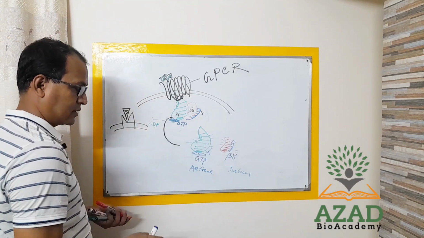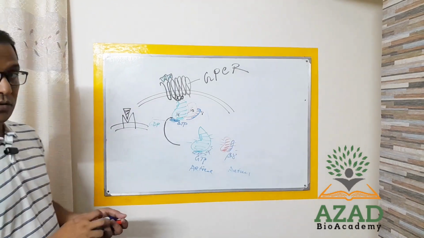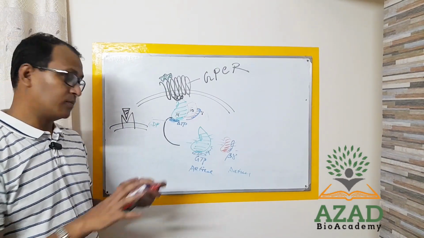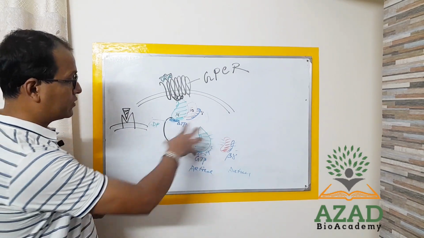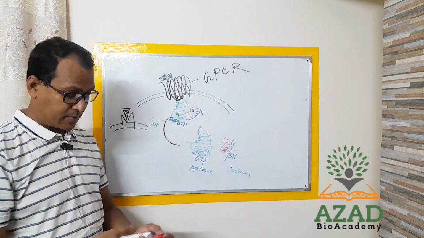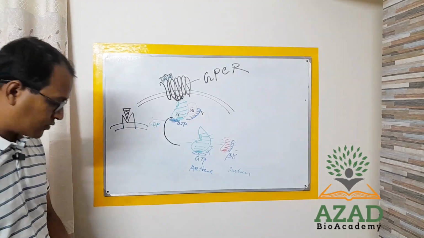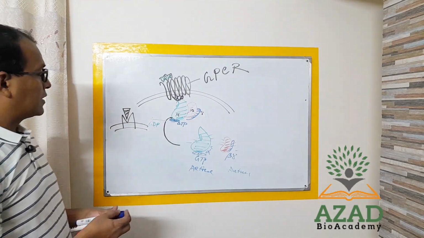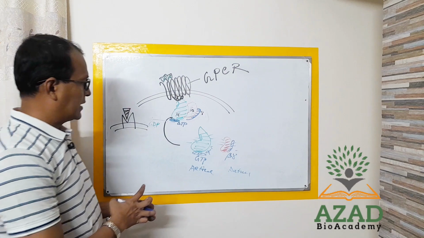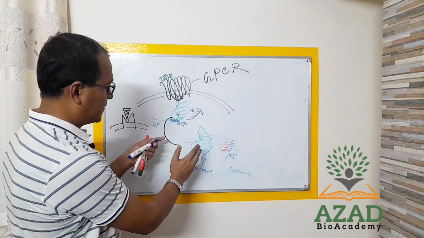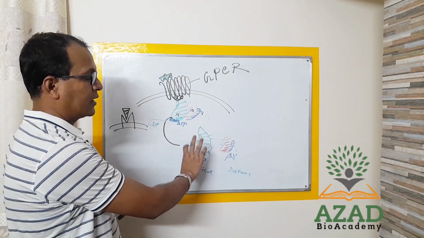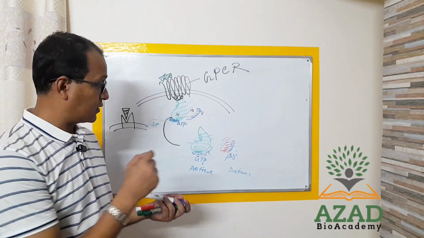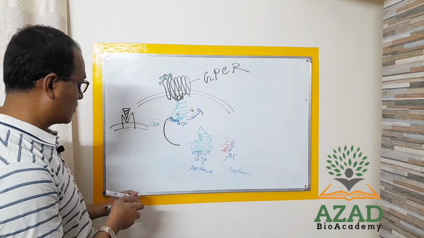Mostly, alpha is more prominently functioning than beta gamma, but both can give their function. How they give their function, I will give some examples. But before that, suppose this activated G protein shows its function, and then what will happen? I will cover that first and then go to the examples.